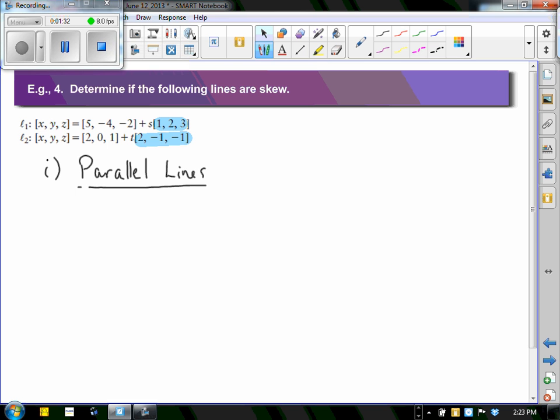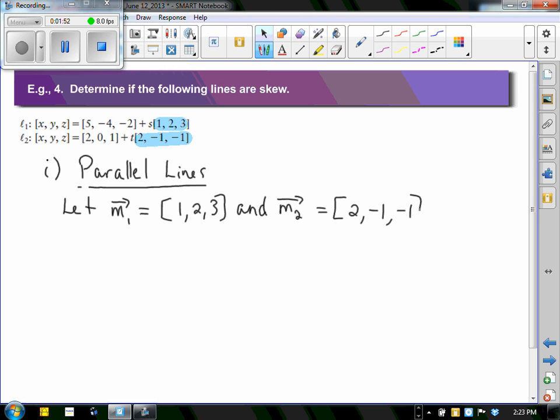So we're going to designate vector M1 to be 1, 2, 3, and we'll also let vector M2 be 2, minus 1, minus 1.